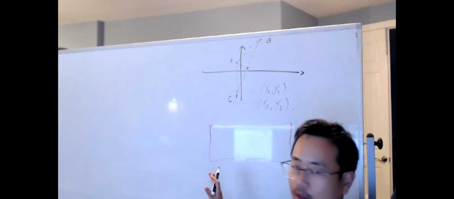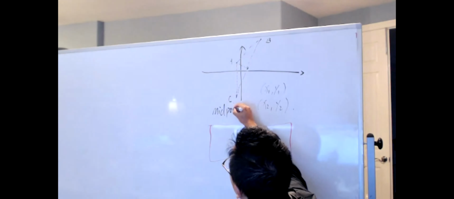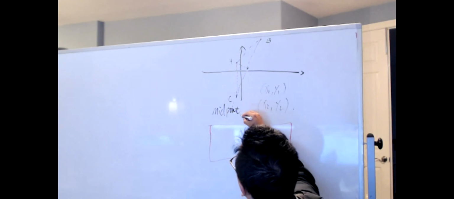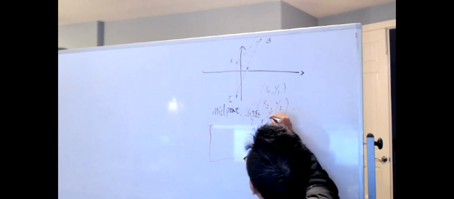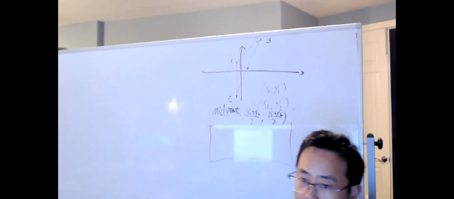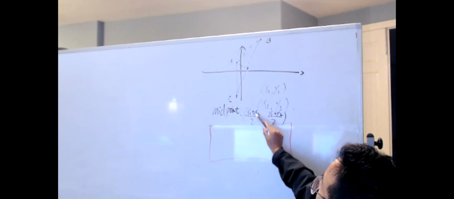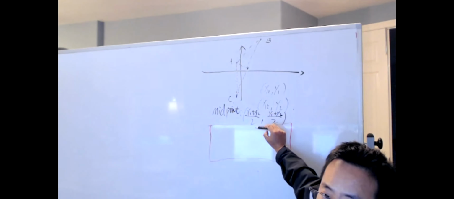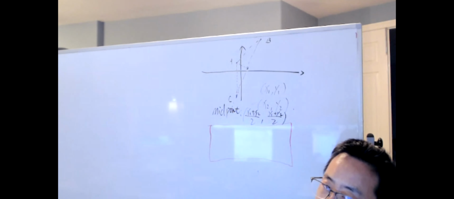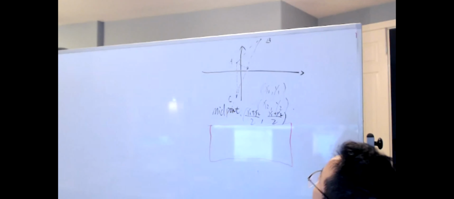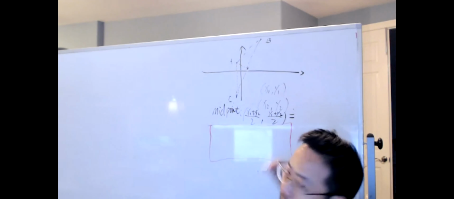I'll write it down in case someone doesn't know what kind of average that is. The midpoint must be (x1 plus x2) over 2, (y1 plus y2) over 2. And this applies to all cases, it doesn't have to be positive. It could be anything. And with this, we can find the midpoint.